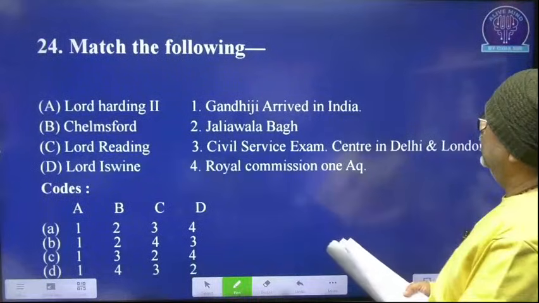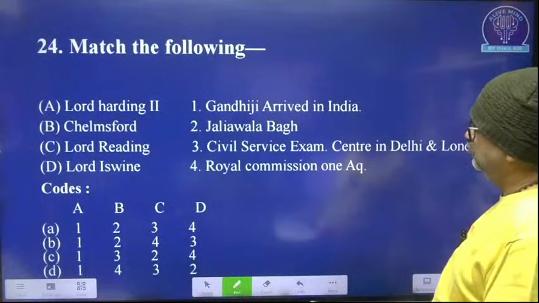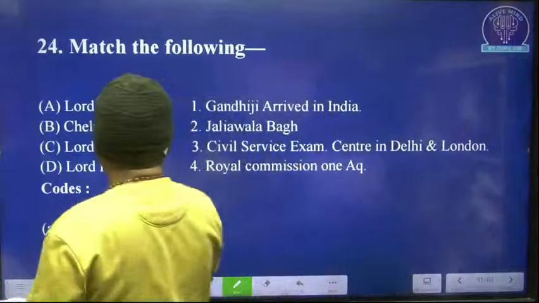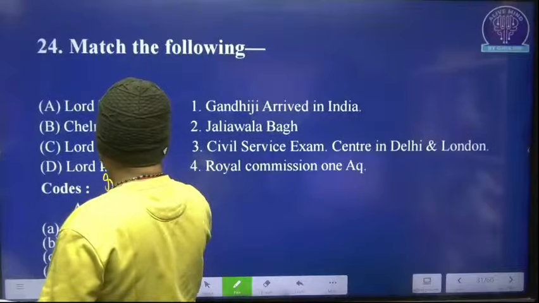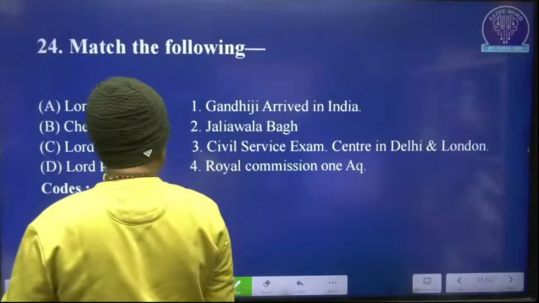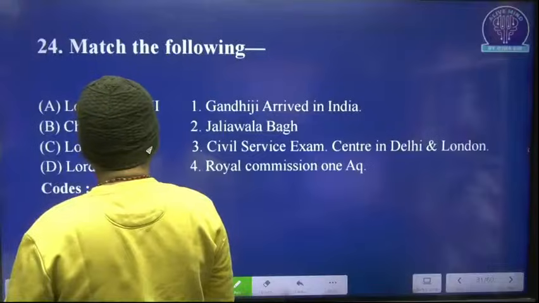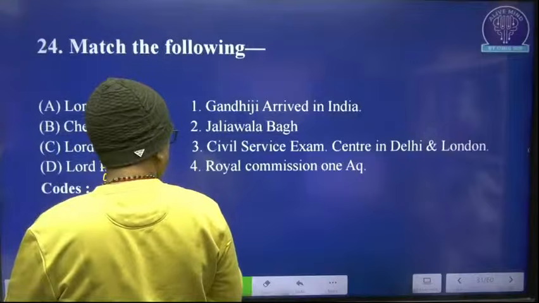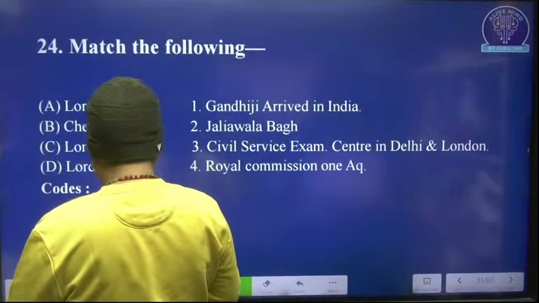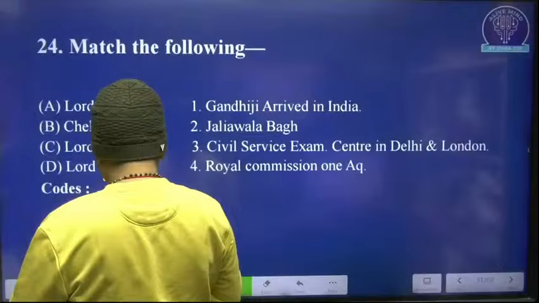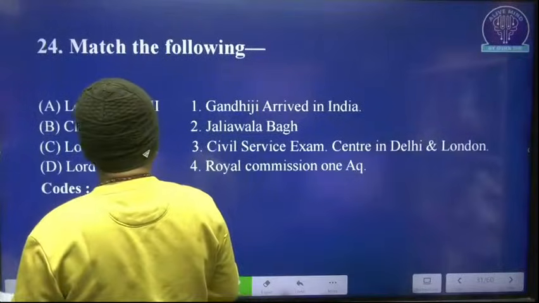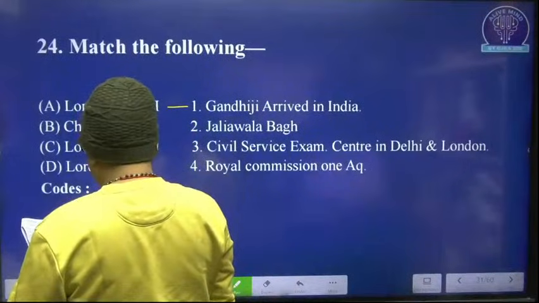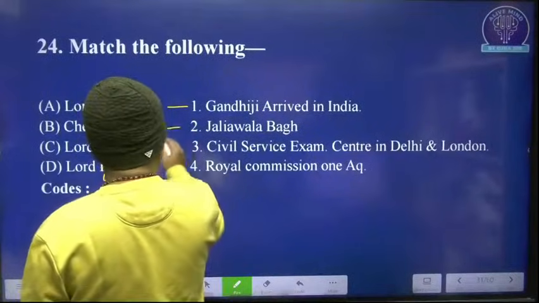24. Match the following. Lord Irwin, not Iswin, Lord Irwin. Lord Hardinge II, Gandhi arrives in India. Chelmsford, Jallianwala Bagh.